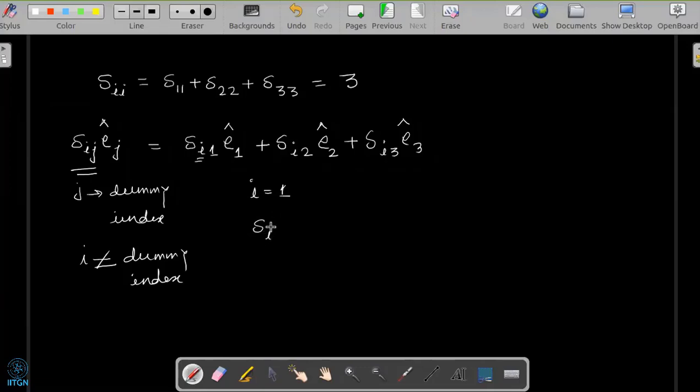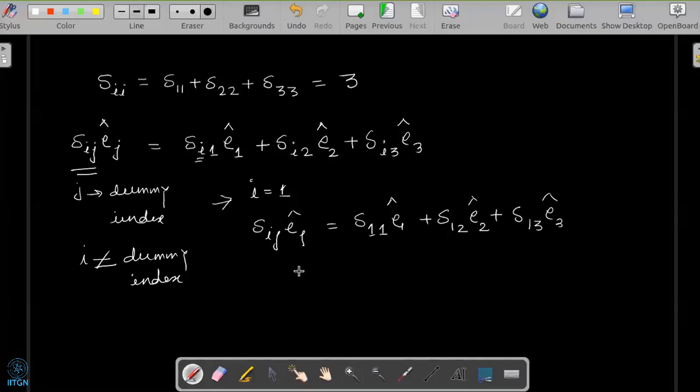You will get delta ij ej cap is equal to delta 1 1 e1 cap plus delta 1 2 e2 cap plus delta 1 3 e3 cap. This is the expanded form with i equal to 1. Since i is not a dummy index, we cannot do summation over it. We have to always keep these points in mind.